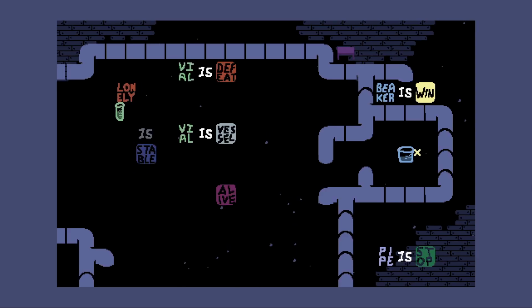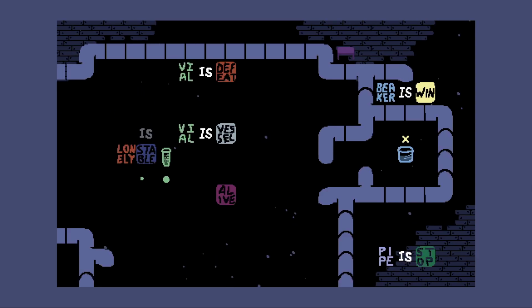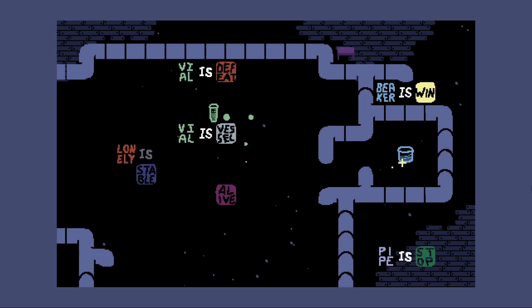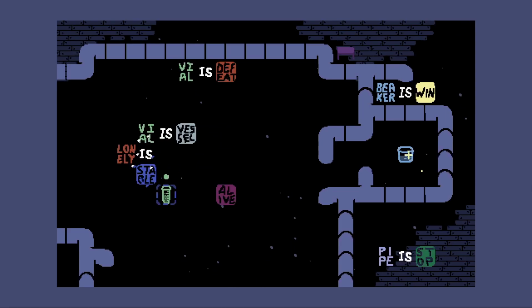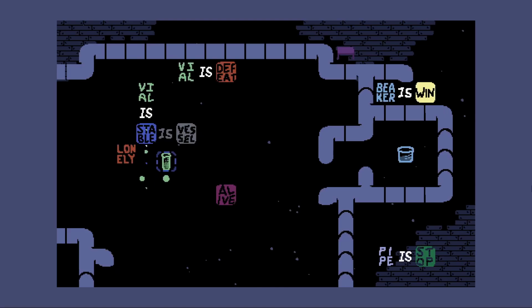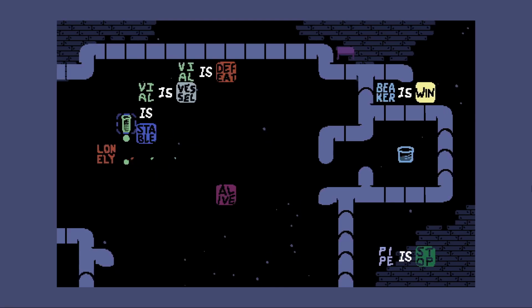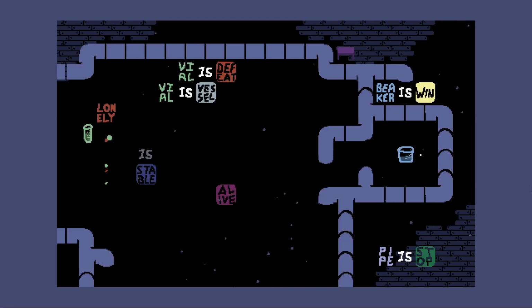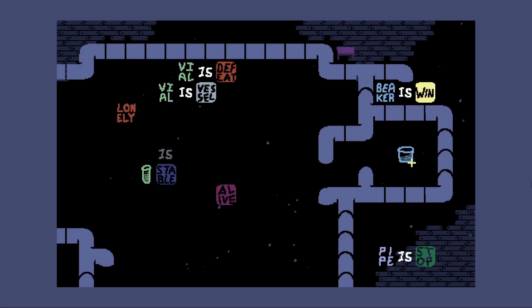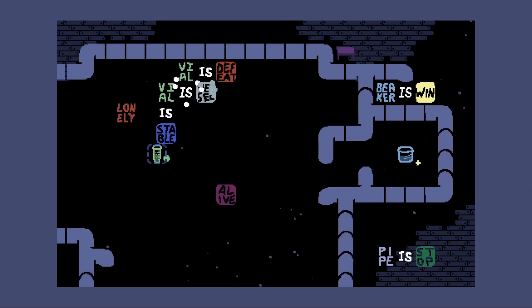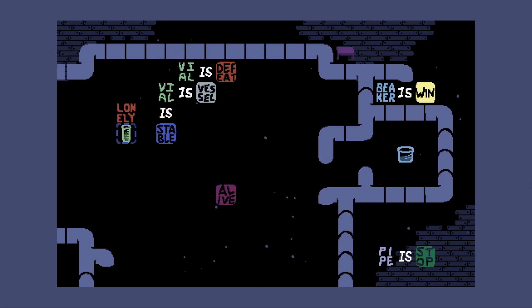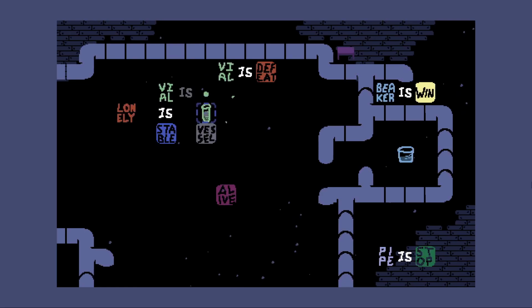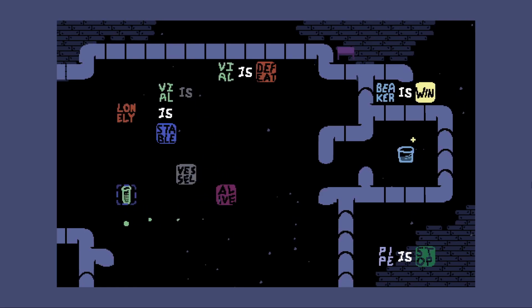So actually what I have to do is push this entire statement up to this second row here. Now we have this vessel in the second row. I can make this lonely vessel is stable kind of thing. I mean, I guess I can remove this now and make that.